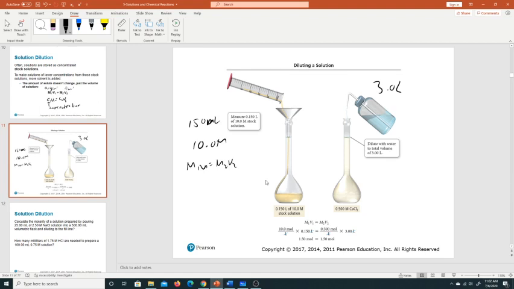Our M1, the original molarity, is 10.0 molar. The volume I'm diluting is 150 milliliters, or 0.150 liters. My new volume is going to be 3,000 milliliters, or 3 liters. And our job now is to find M2, that we don't know.